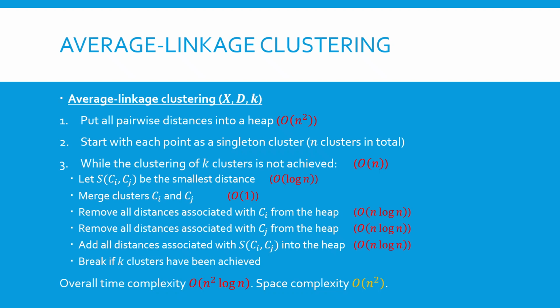This costs O(n log n) time per iteration. Therefore, step 3 takes O(n squared log n) time overall. Combining these steps, the average linkage clustering algorithm runs in O(n squared log n) time and uses O(n squared) space.